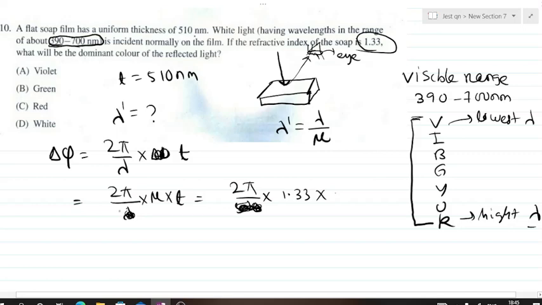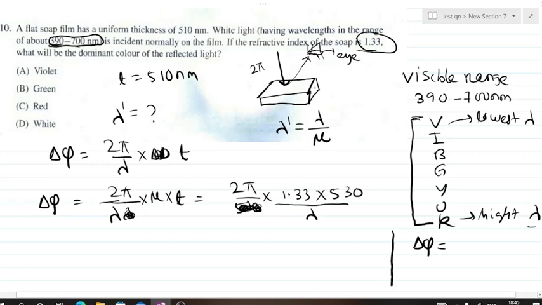We have to find lambda. The phase difference is 2 pi times 1.33 × 530 divided by lambda. In the case of the film, the wave is coming from air, so that will give a phase of 2 pi, as you know.